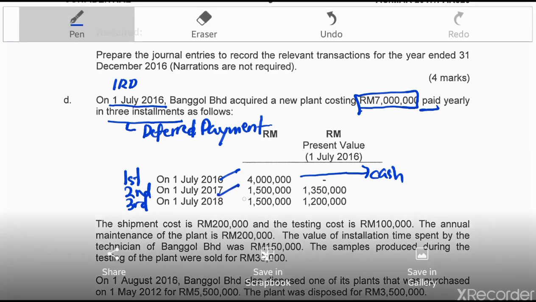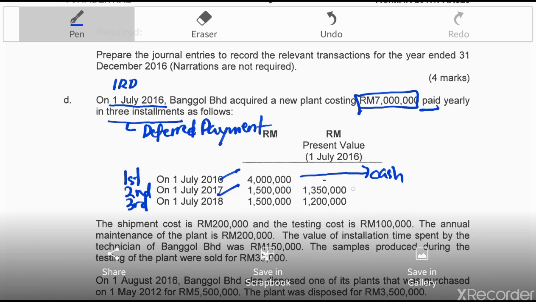However, if you pay on 1st of July, the value would be 1.5. But if you were to discount back to the value today, which is 1st of July 2016, the value would be 1.35.